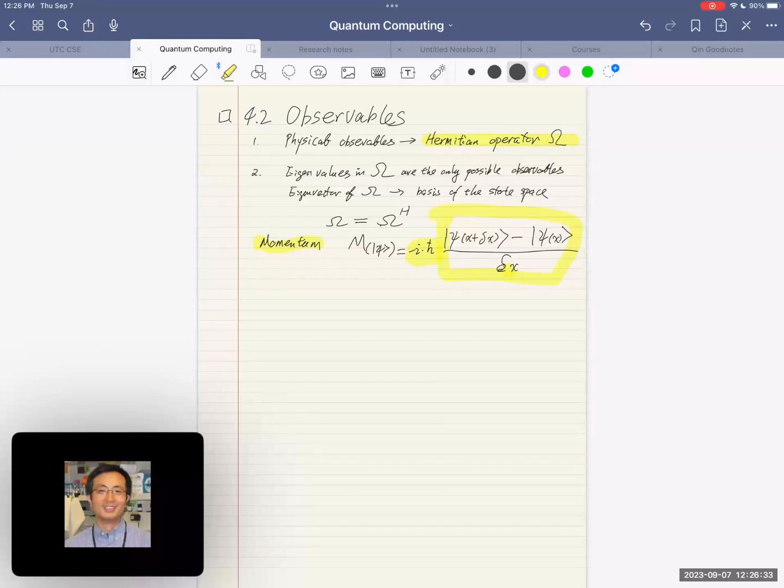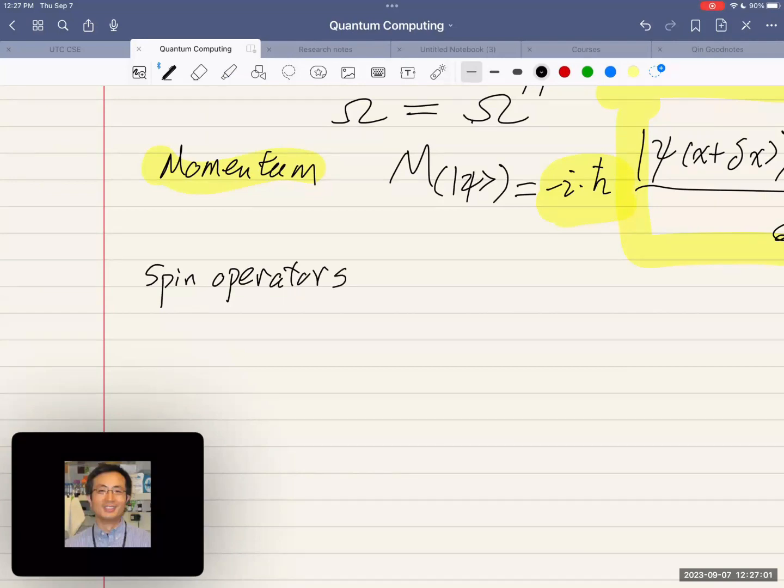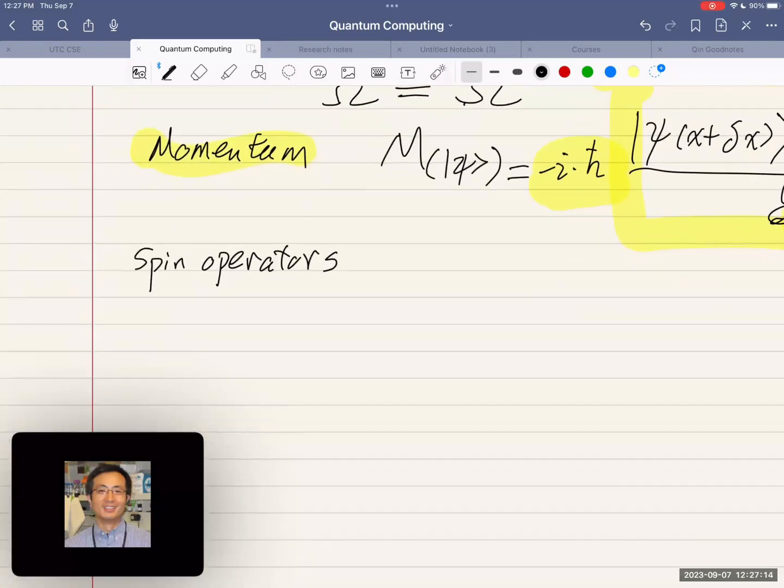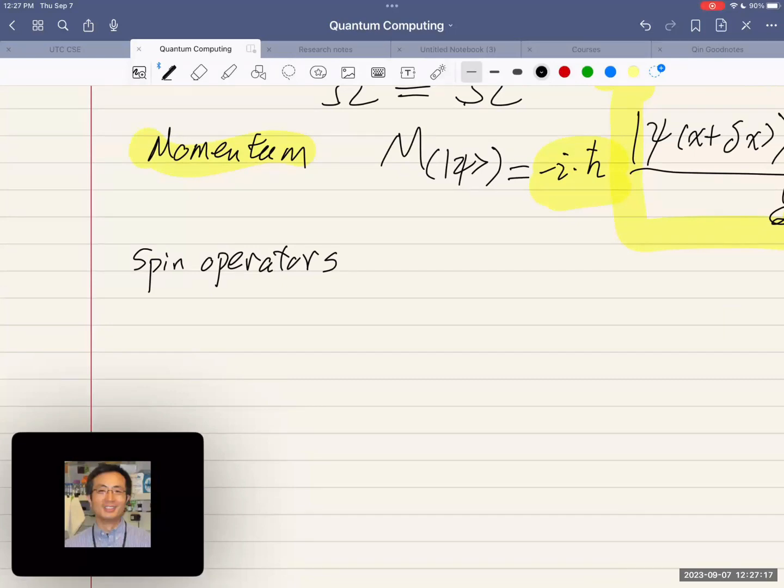Oh, there's actually another observable that is quite related to quantum computing later on. Let me write it down here. It's another part called the spin operators. Since the particle has a polarity of spin, we can use the observable operator to see whether the spin is in the x, y, or z direction.